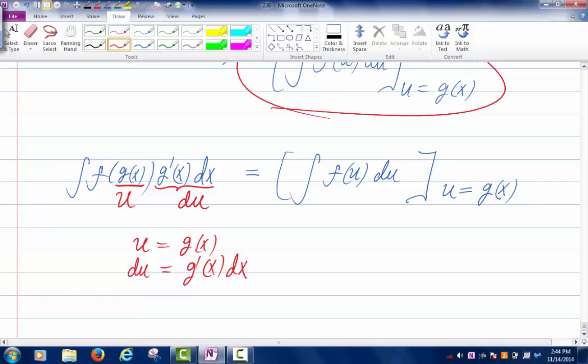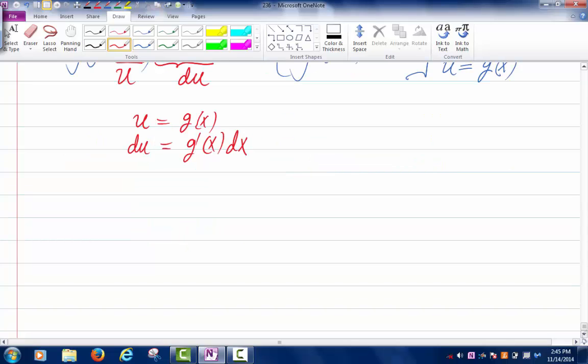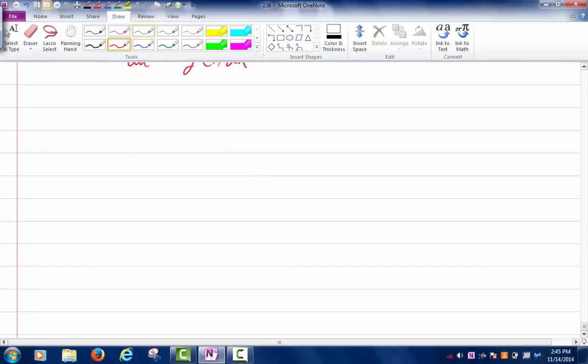And then if I make these substitutions, I get the second integral. The reason it's called substitution rule is because I am substituting u equals g of x, right? And I get the second integral, and hopefully the second integral is simpler to evaluate, and then I can evaluate the first integral. Well, let's look at an example to explain what's going on.